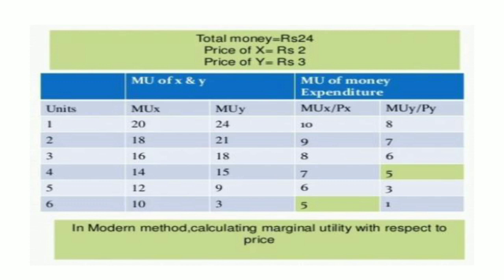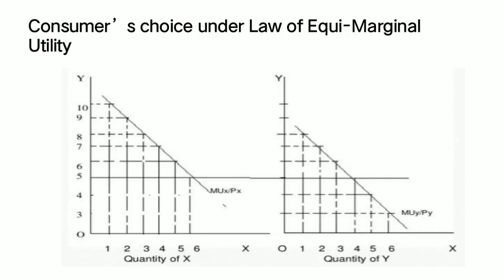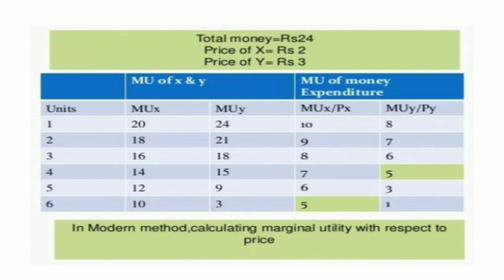So that's how we get the marginal utility of Y and X and the marginal utility of money expenditure. In the modern method, we calculate marginal utility with respect to the price, so we should always use the price in getting the marginal utility of money expenditure.